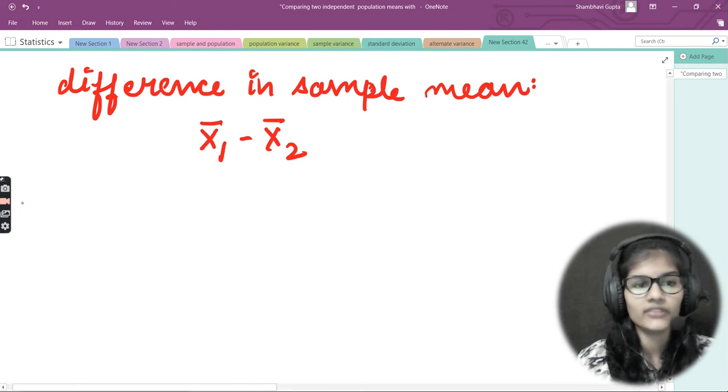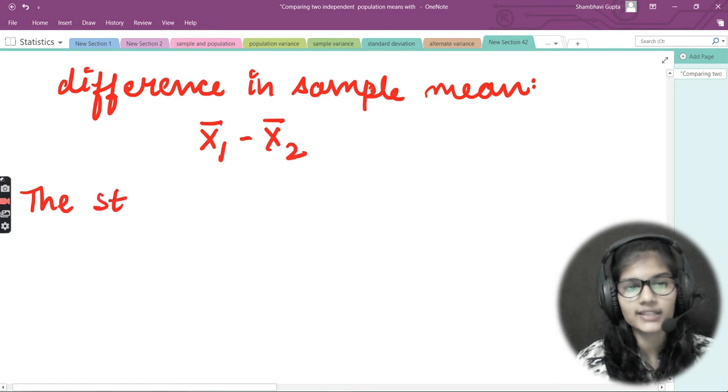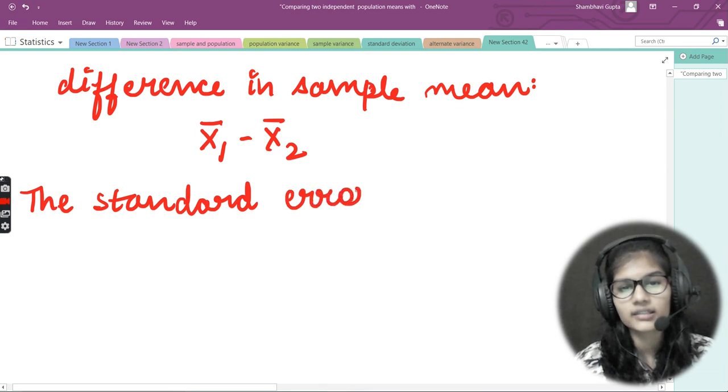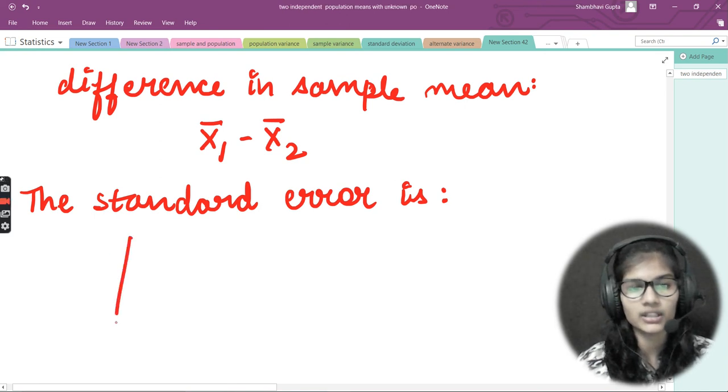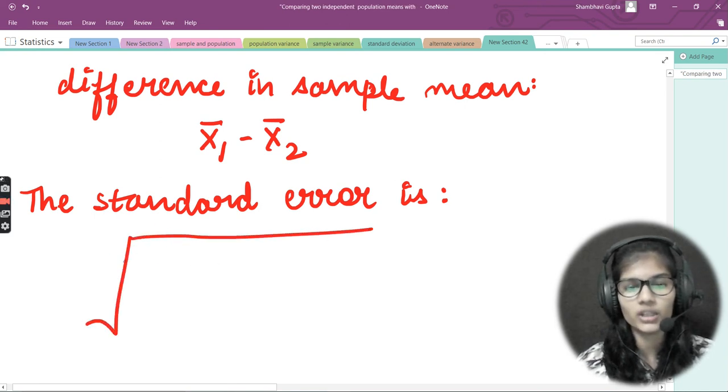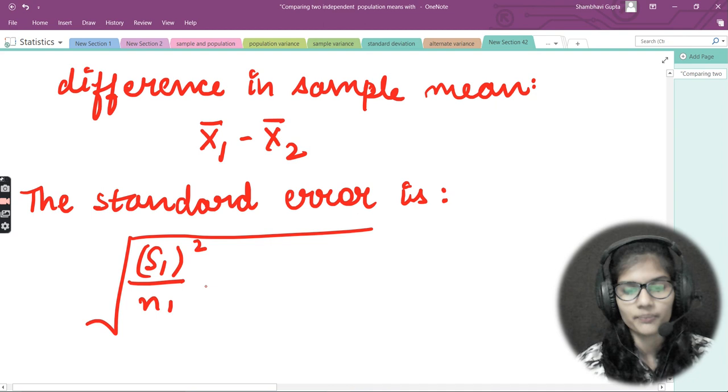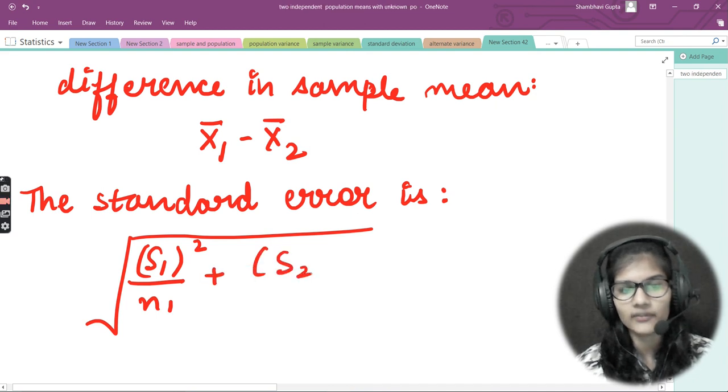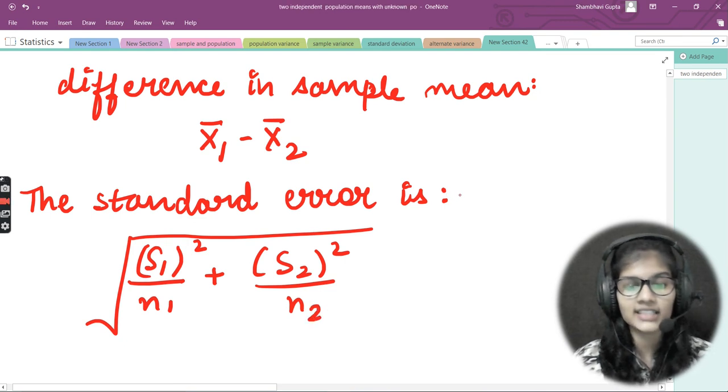Now, if I want to find the standard error, I could write here that the standard error is the square root, and I'll write out the formula: s1 squared upon n1 plus s2 squared upon n2, all under the root.